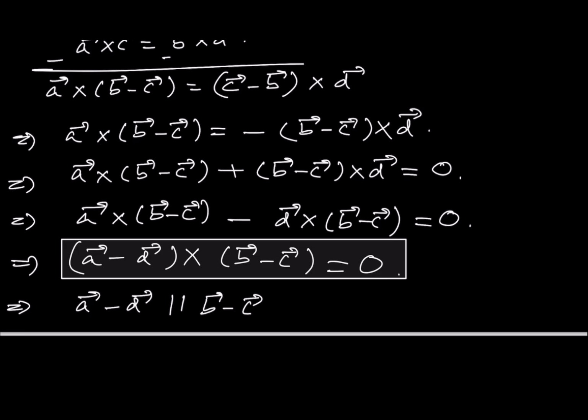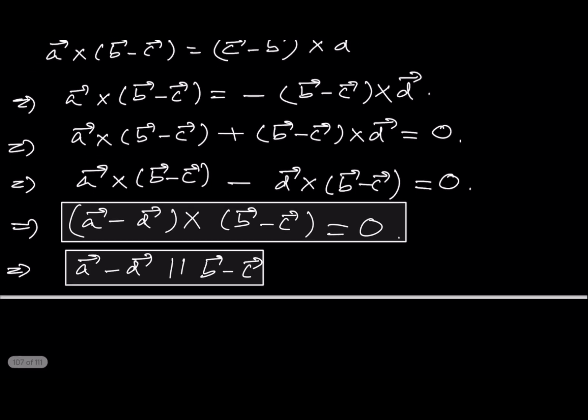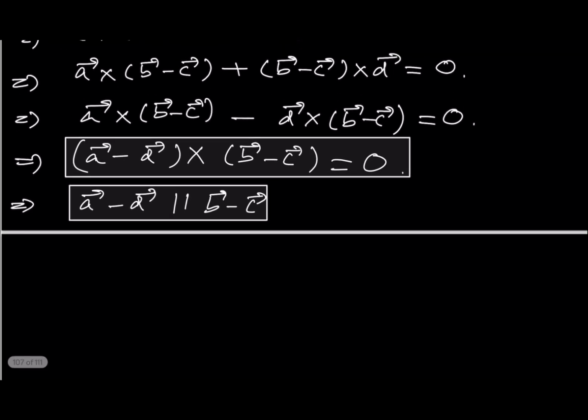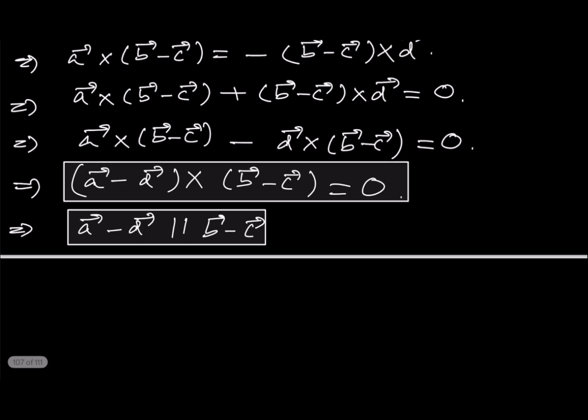Because cross product is 0. Cross product of two vectors can be 0 only if either one of them at least is 0, or angle between those two vectors is 0 degree or 180 degree. Then only cross product can be 0, right? Okay, now let us move to next question.